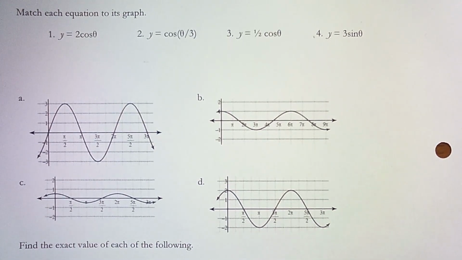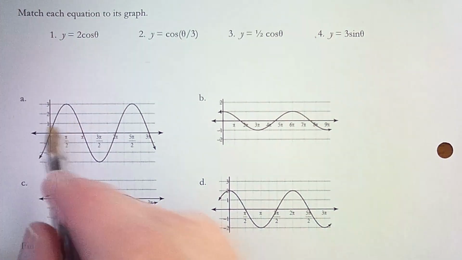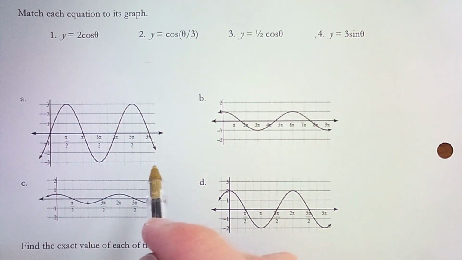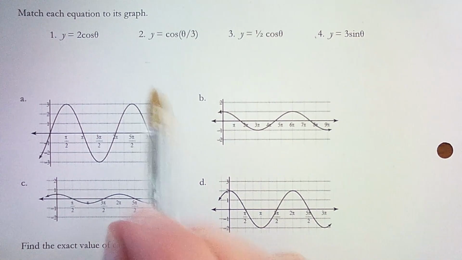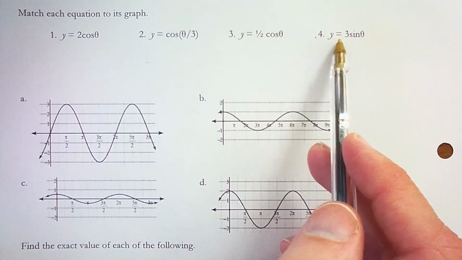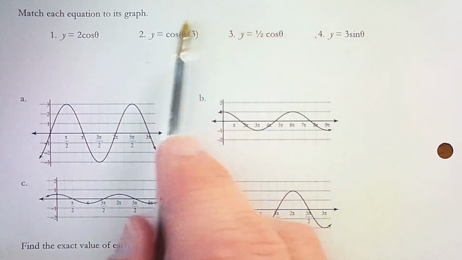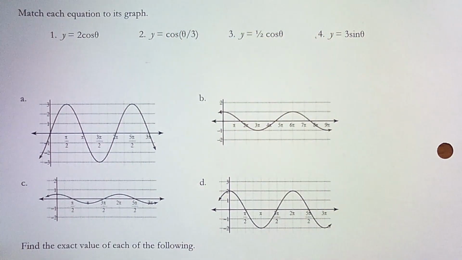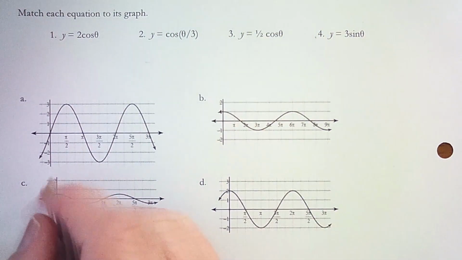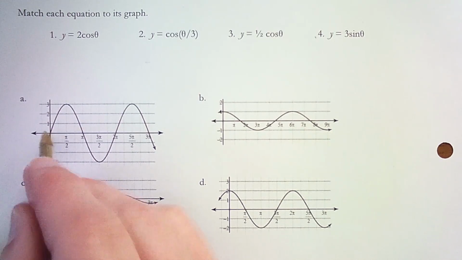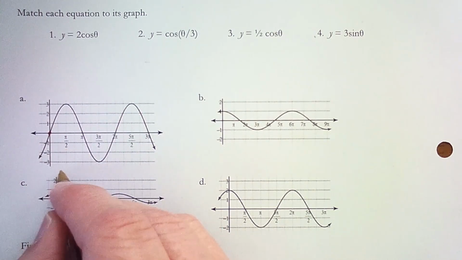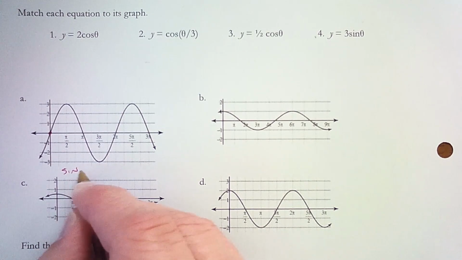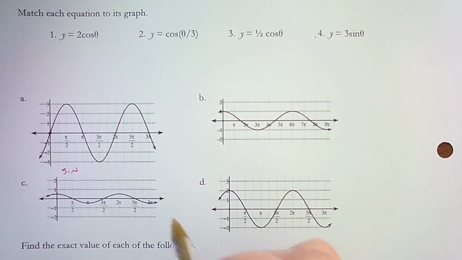Next, we are going to match equations to a graph. So we've got 4 equations here and 4 graphs, and we are going to match the equations to the graph. So let's look at each graph first and pull some information out of it. It looks like all of these equations just have an amplitude or a b in them, or both. So in this graph, first I notice it starts at the center line, so it's a sine equation.